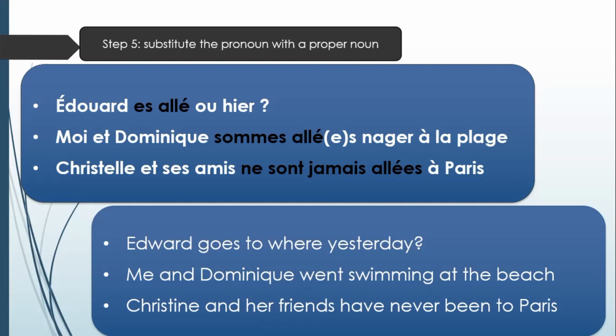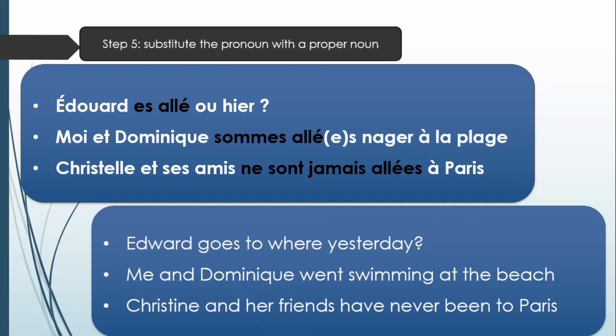Then, moi et Dominique sommes allés nager à la plage. If it is Faith that is saying this, we are not going to add the E to it. We just add S alone to the back of it because Faith and Dominique is two genders.